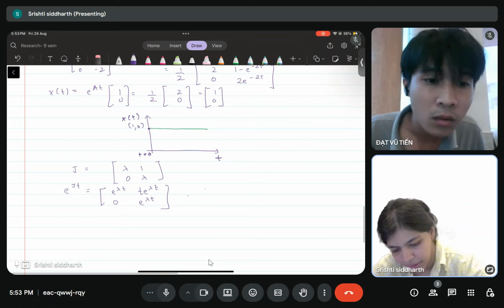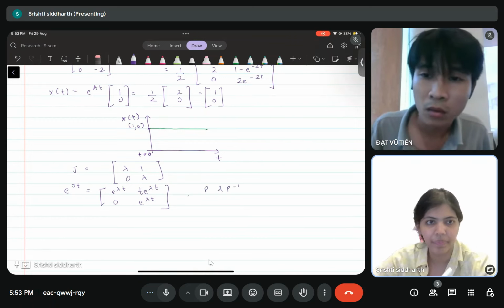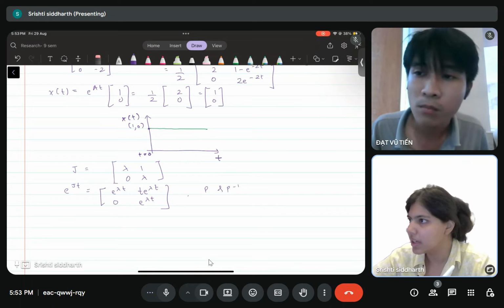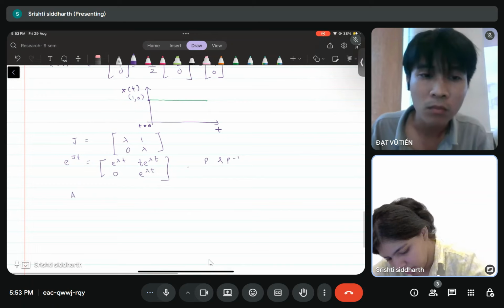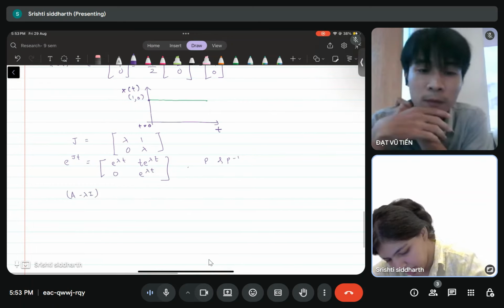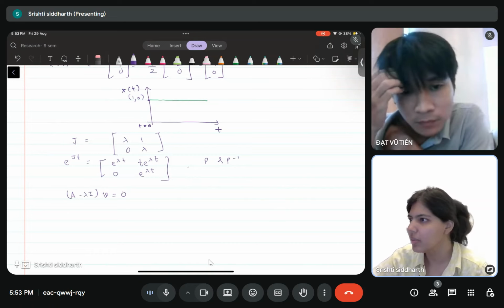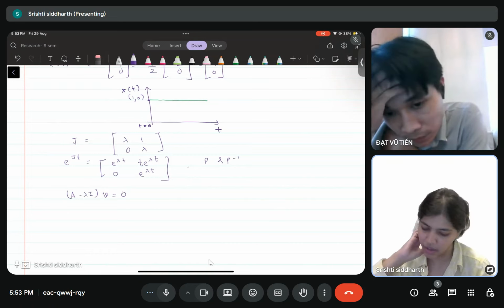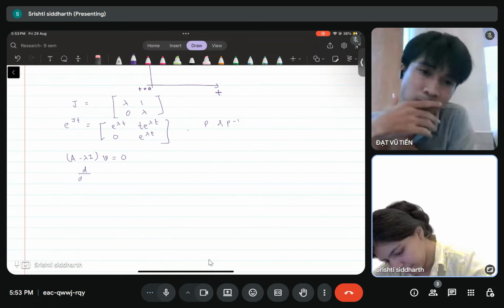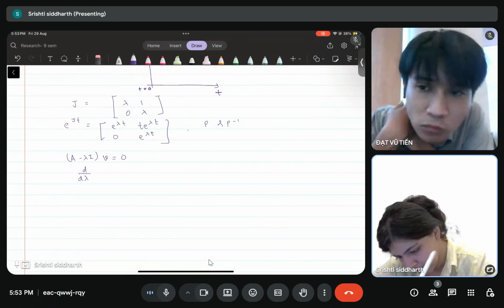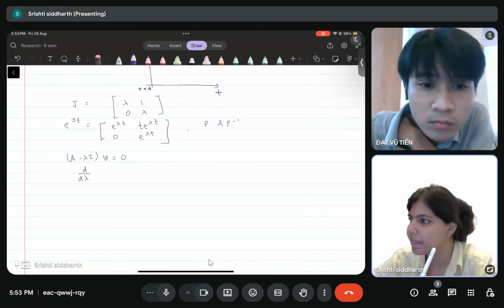And now we need to find out P and P inverse, right? To find out e to the power At. So in that case, the first eigenvector would be found using (A minus lambda I) times v equals 0. And the second one, I have to check.